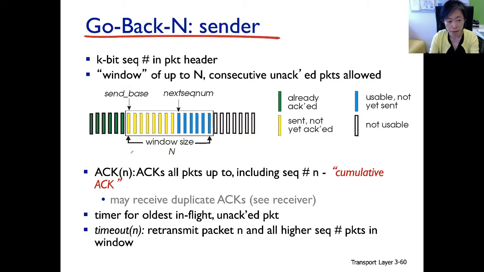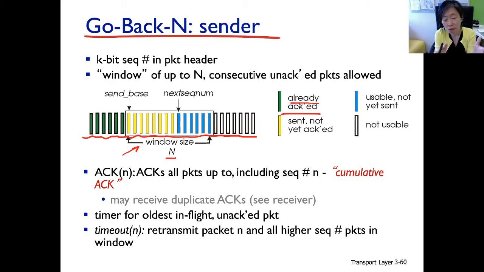This is also called the sending window, and N here is the sending window size. Now let's take a closer look at the plot over here. Each of these slim rectangles is a packet. The green packets are the very early packets that are already sent and already acknowledged.